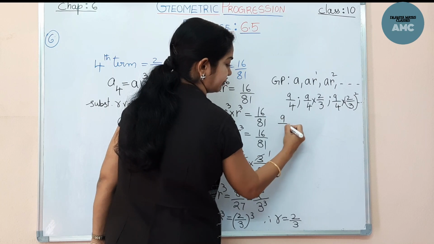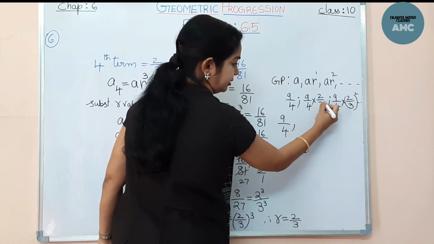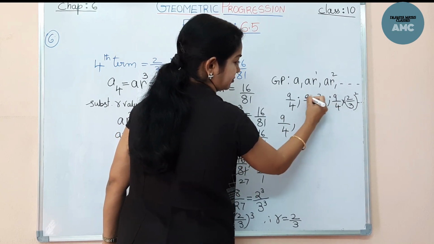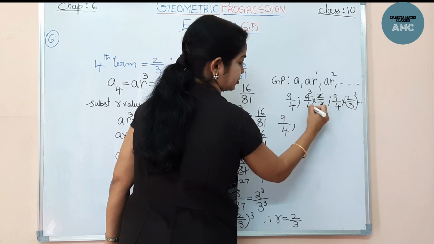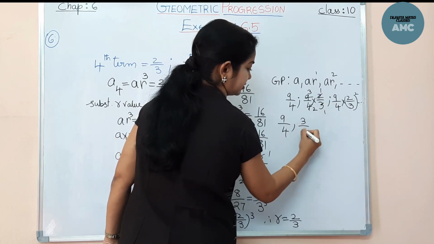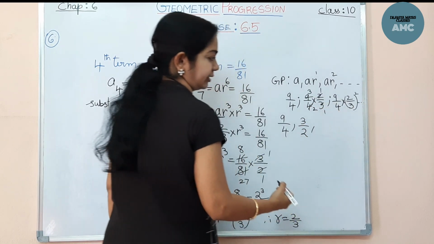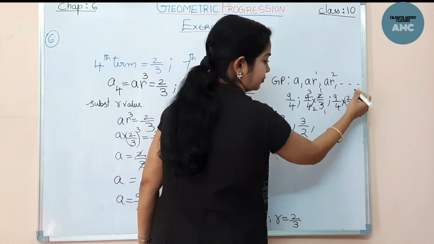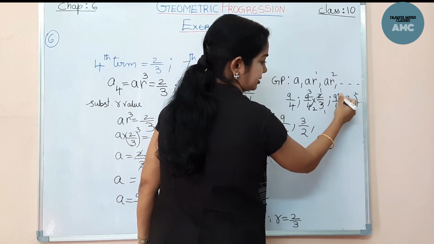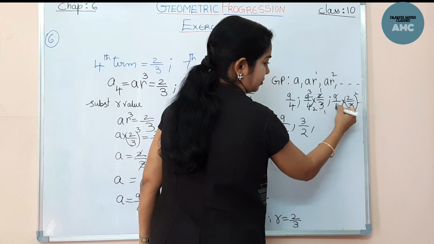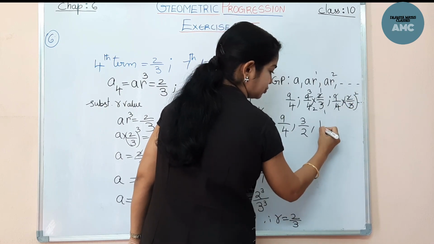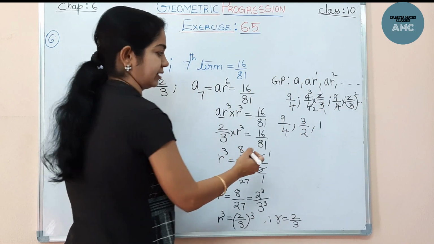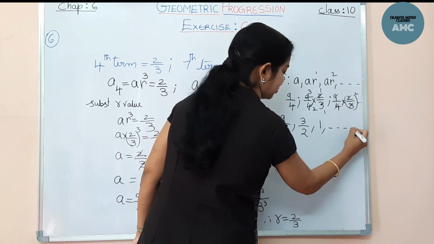So the first comes to 9 by 4. Now the second one: 3 ones, 3 thrice, 2 ones, 2 thrice. So that comes to 3 by 2 here. The third one: 3 square, 4 square. This gets cancelled, this and this. All of them get cancelled. It comes to 1. 1 upon 1 is 1. The third term is 1 and so on.